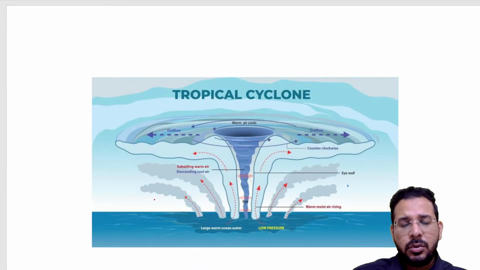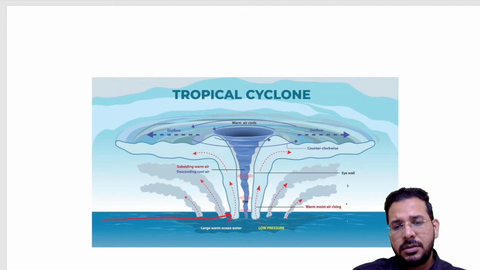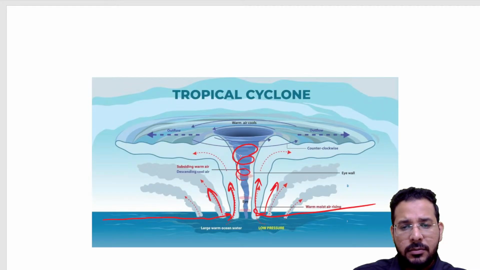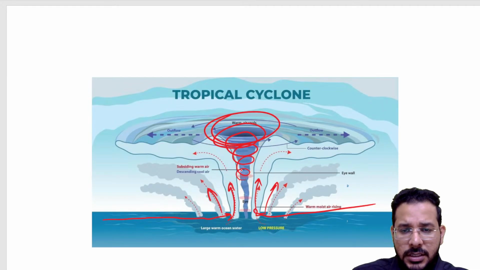So cyclone looks like this. The winds are coming from different directions. These winds are rising above, and obviously these are rotating. So there is a region between this funnel.